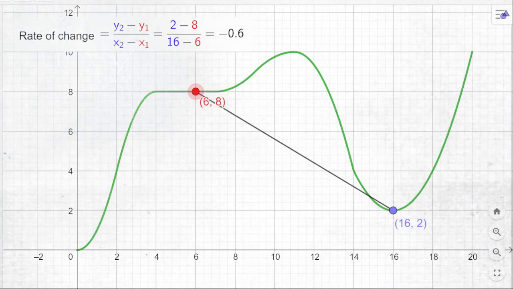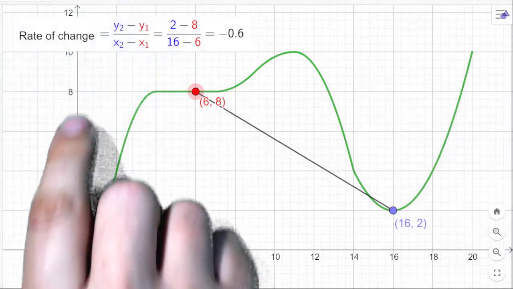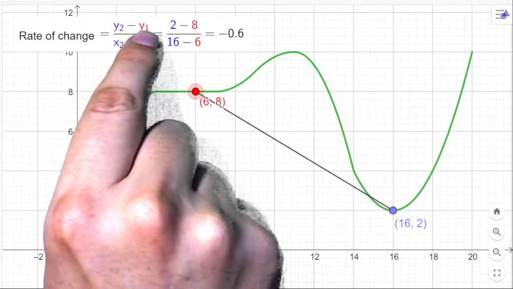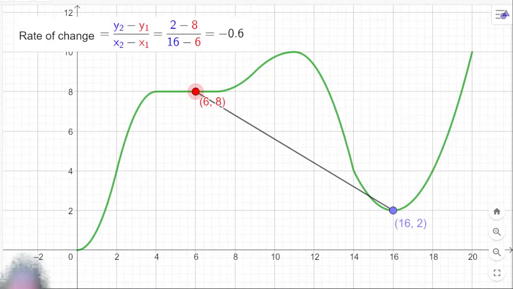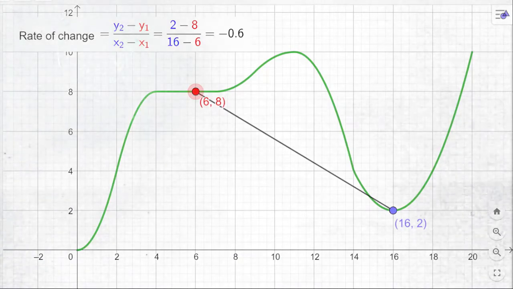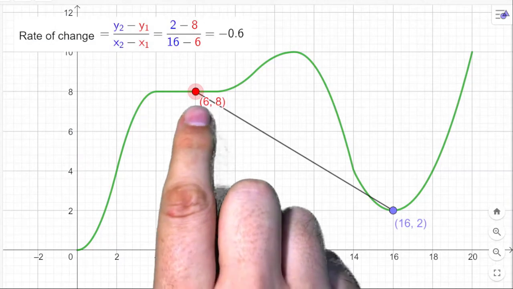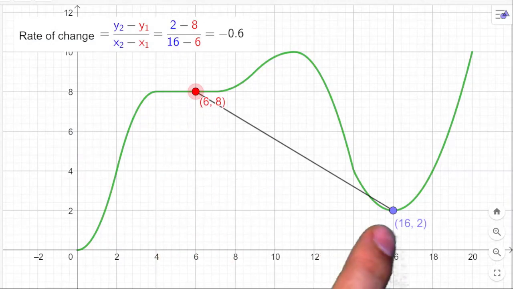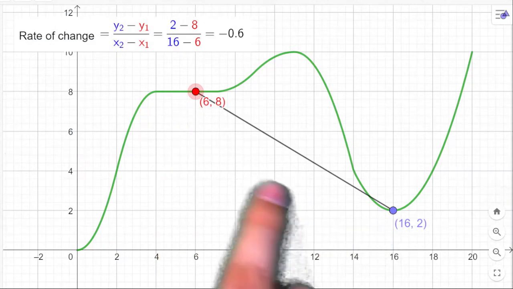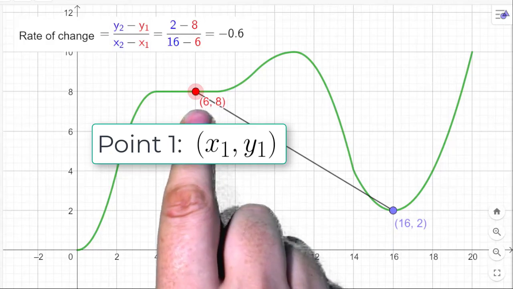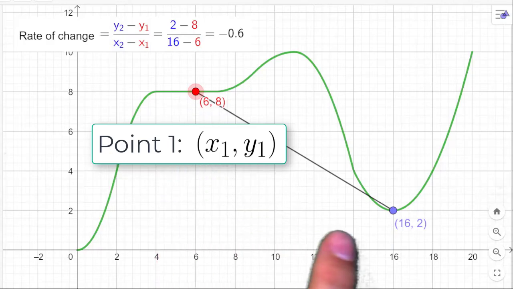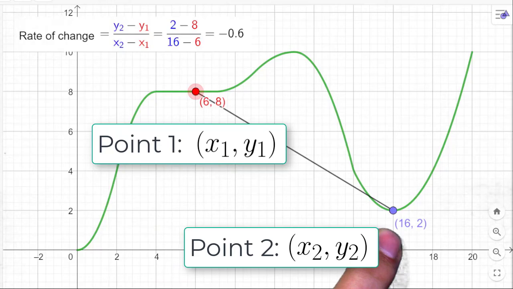Now, I want to point out one very important thing here. When we do these computations, we have to be consistent in the order in which we subtract in the numerator and the denominator. What you should always do is pick one point to be point 1 and the other point to be point 2. So the coordinates of point 1 are x1, y1. The coordinates of point 2 are x2, y2.